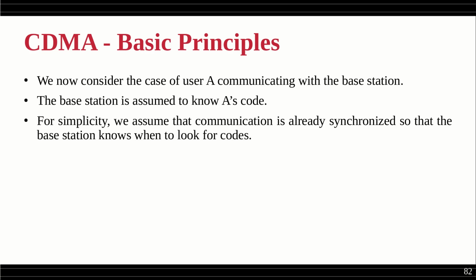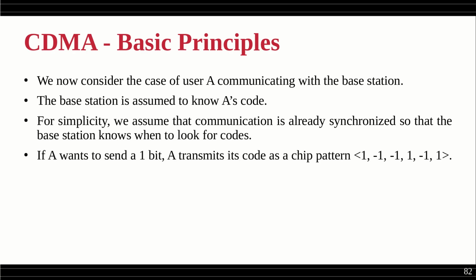Our requirement is that when the receiver is receiving information thinking it is from A, if it is actually getting some information from B or C, it should be able to discard it, and it should selectively accept only the information sent by A. Let's see how it is done.